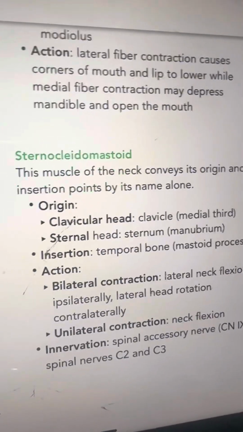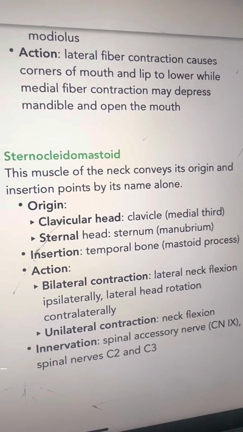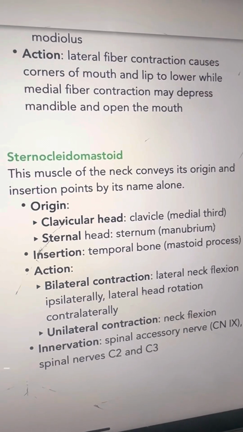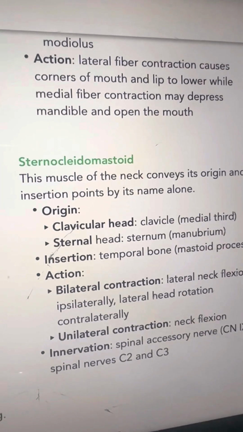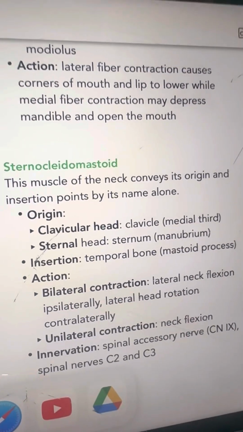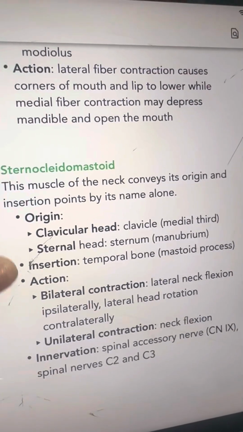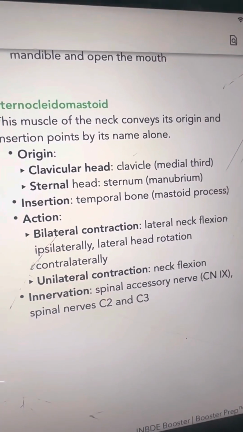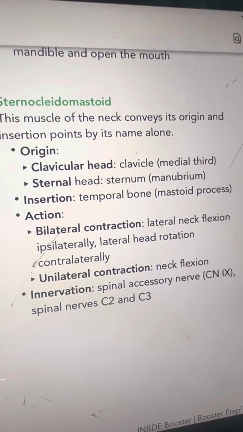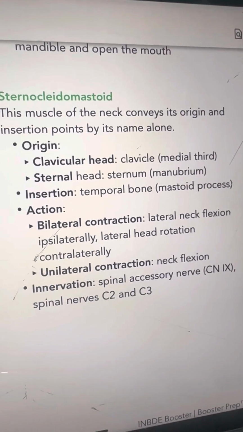Sternocleidomastoid. This muscle of the neck conveys its origin and insertion points by its name alone. Origin: clavicular head, clavicle, medial third; sternal head, sternum manubrium. Insertion: temporal bone, mastoid process.